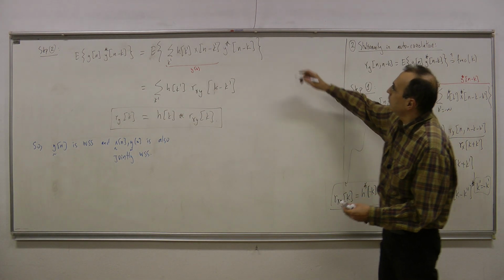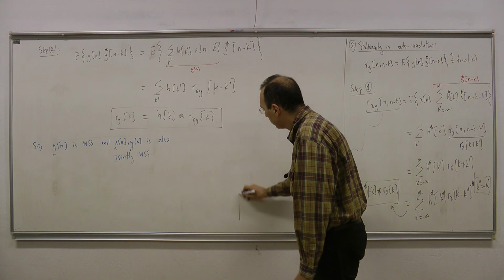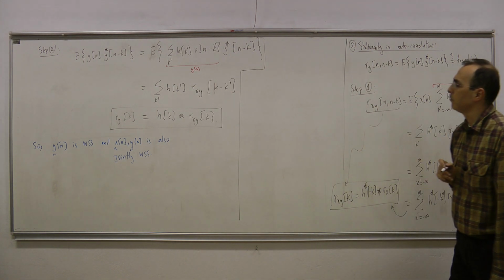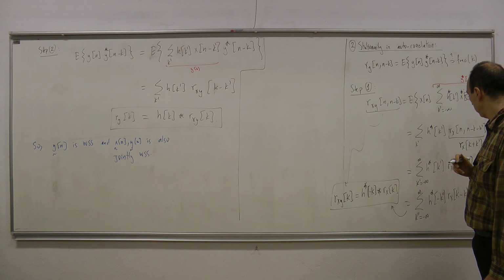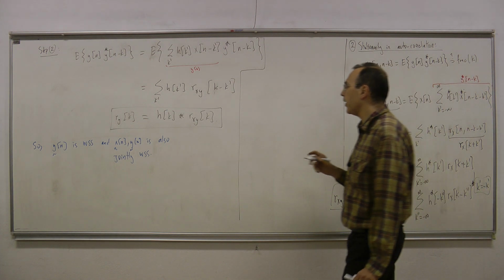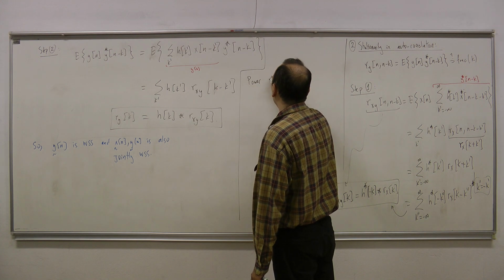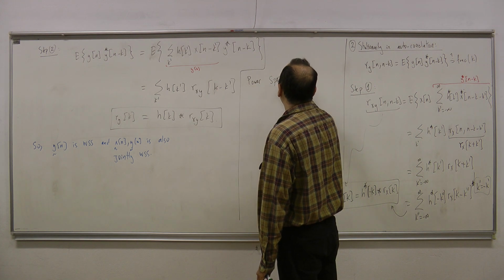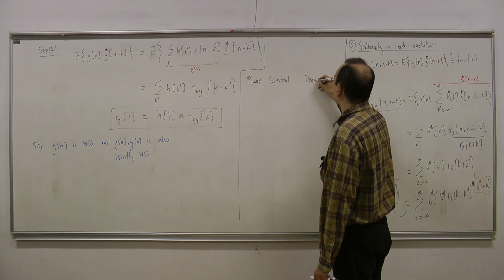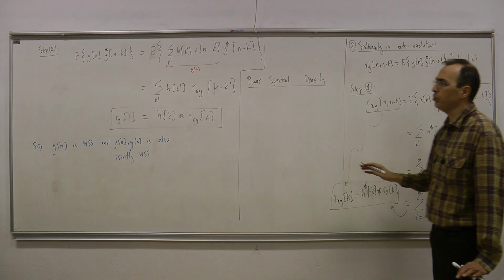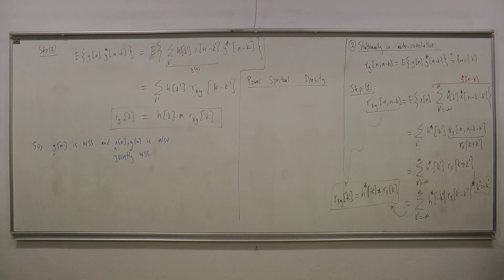So let me define over here, well, I'll first define it, but later on we will discuss its properties. Power spectral density, okay? First I will define it as a mathematical tool, then I will explain what is going on.